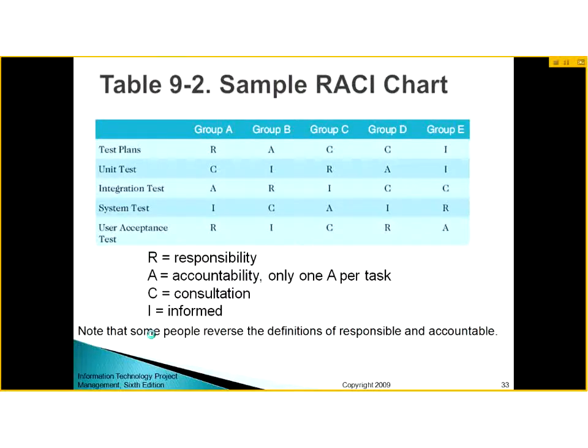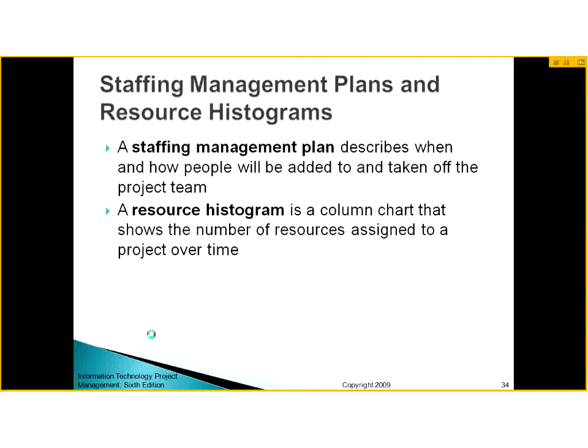This contains responsibility, accountability, only one A per task, consultation, or informed. Group A is responsible for test plans, will be consulted for unit testing, is accountable for integration testing, will be informed about system testing, and will be responsible for user acceptance testing. Group B will be similar.